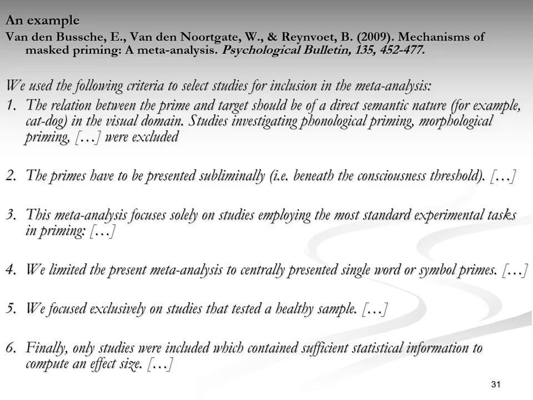I will not give details about the meaning of this, but you see that studies investigating other types of priming, such as phonological priming, morphological priming, and so on, were excluded. We said the primes have to be presented subliminally, which means beneath the conscious threshold, and then we defined further what we called the conscious threshold, and so on.